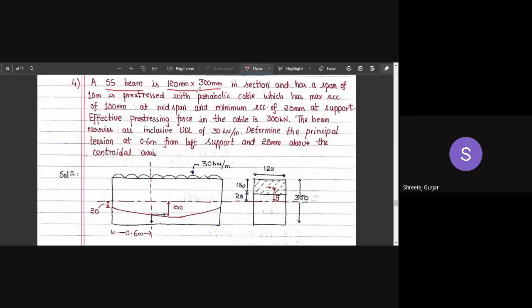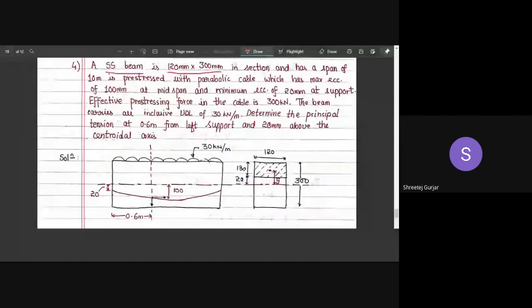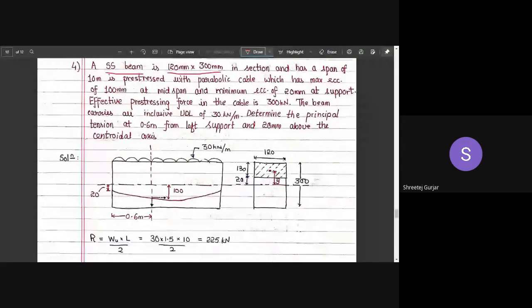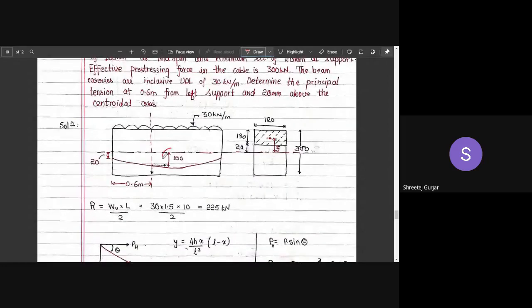The length of the beam is 10 meters, pre-stressed with a parabolic cable which has a maximum eccentricity of 100 mm at mid-span and a minimum eccentricity of 20 mm at support. You can see at the mid-span we have 100 mm eccentricity, which is the maximum eccentricity, and at the support we have 20 mm eccentricity, which is the minimum eccentricity.